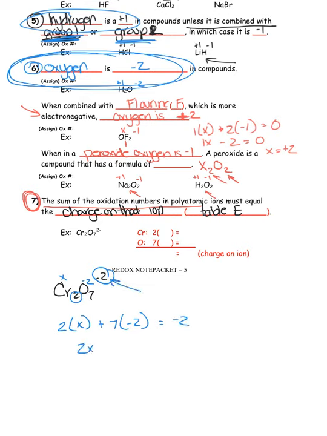So we got 2x minus 14 equals -2. So we've got 2x equals 12, x equals +6. So now this oxygen is a -2, but the chromium is a +6 charge.